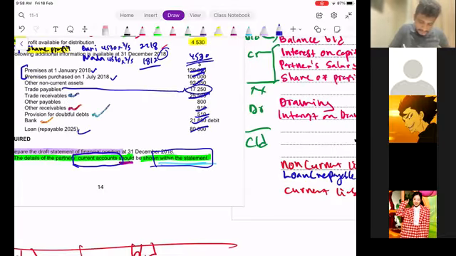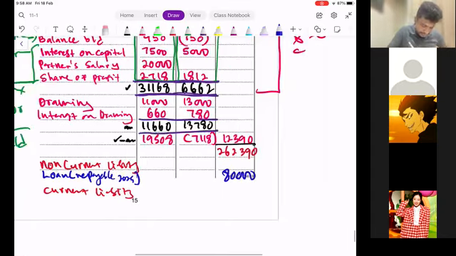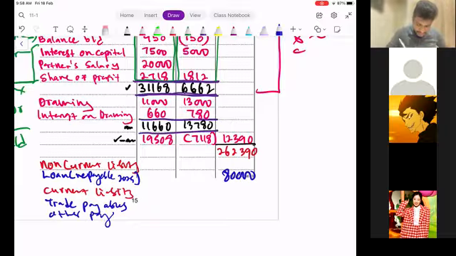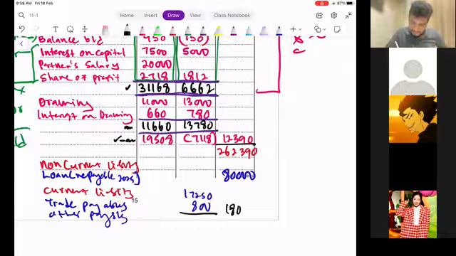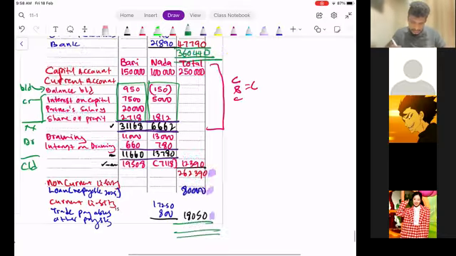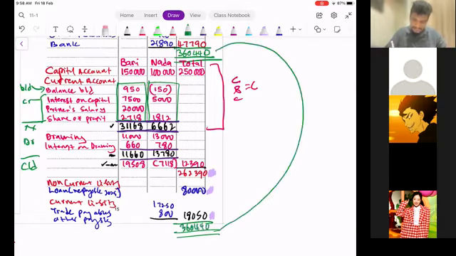Trade payable and other payable. Your trade payable is 17,250 and 800. Total up, 18,050. Then you take this answer plus this answer plus this answer, you will get a total. Your total will be 360,440. This one and this one will be the same.